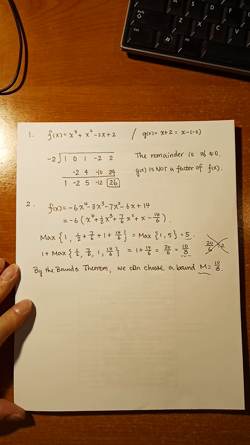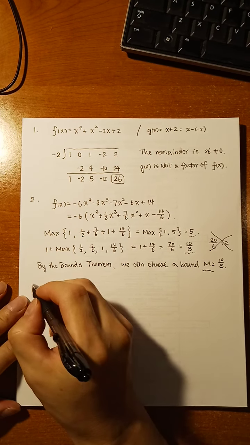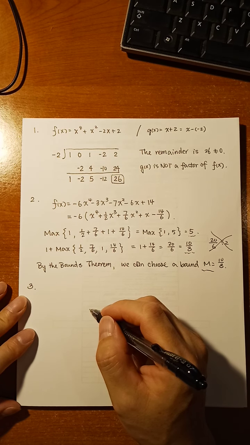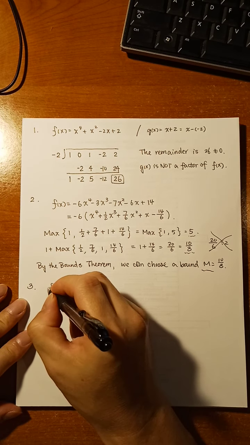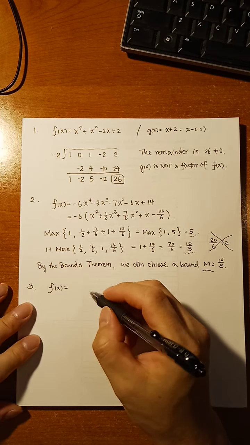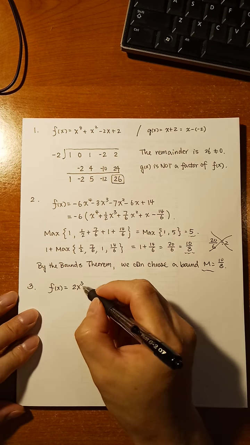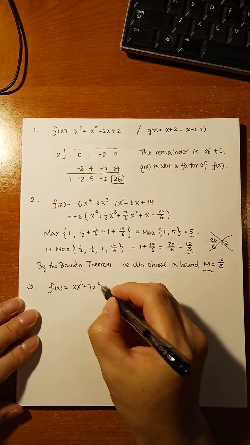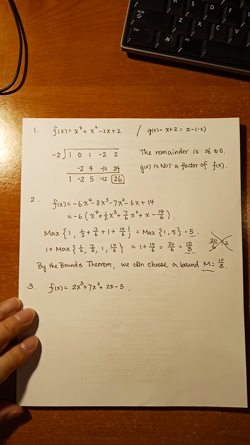Okay, so that's problem 2. And problem 3, we are going to use the rational zero theorem to find all real zeros of a polynomial. f(x) is equal to 2x cubed plus 7x squared plus 2x minus 3.